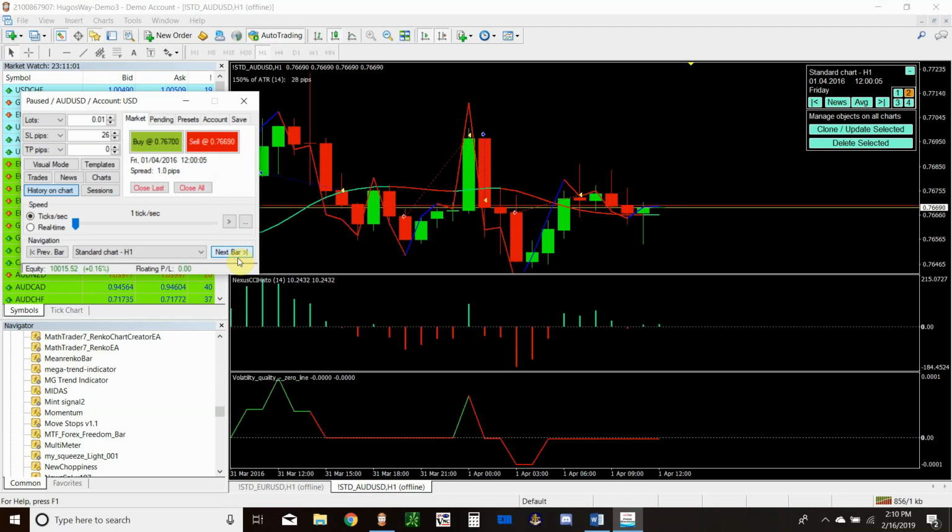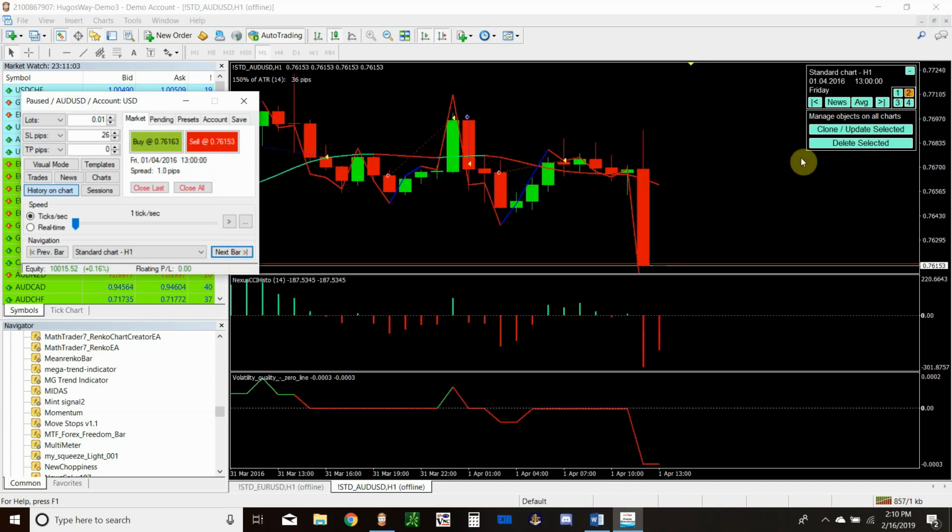So it looks like we may need a better indicator to keep us out of ranging market. So that's probably what I would concentrate on next, trying to find for this.